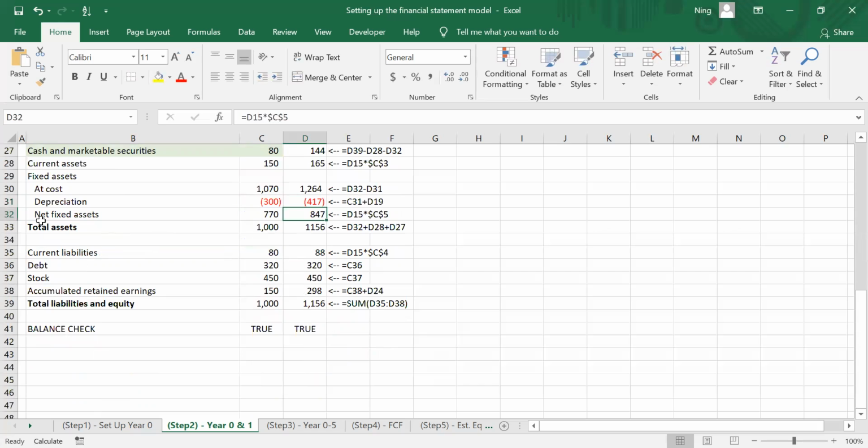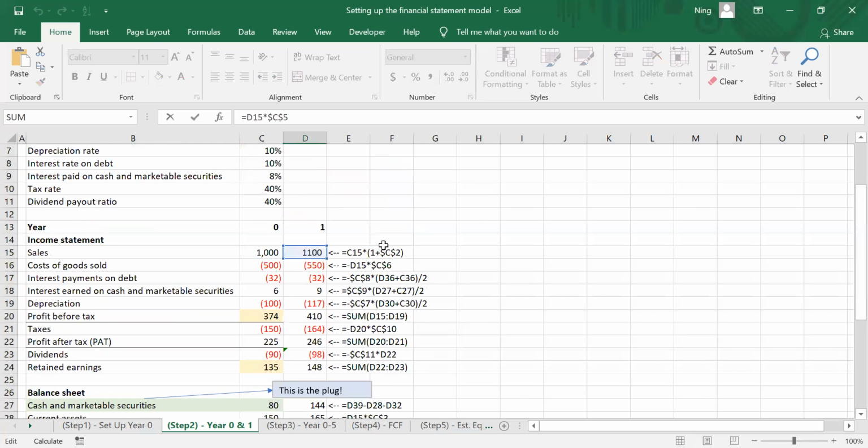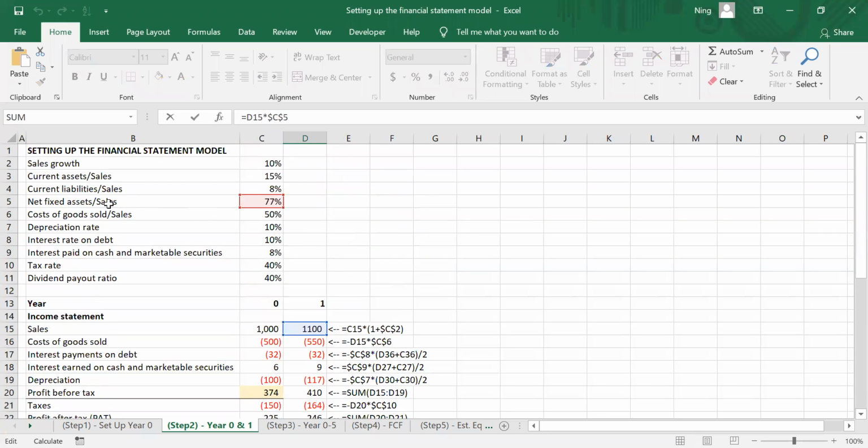And then net fixed assets are assumed to be relational because they are tied to sales. So the forecast for net fixed assets in year 1 is sales of this year times the model value of fixed assets as a percentage of sales, which is 77%.